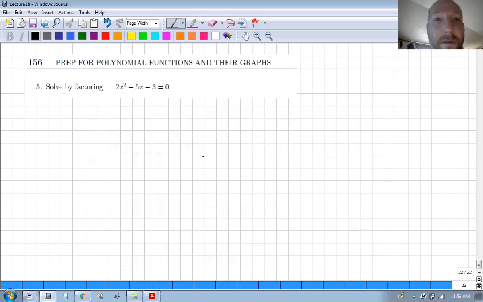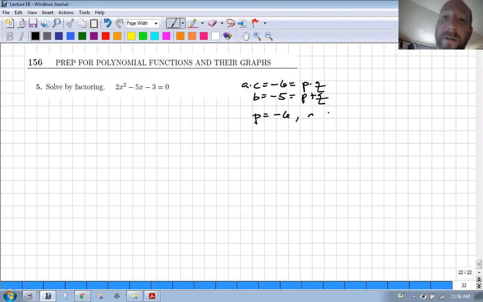All right, let's solve by factoring. A times C is -6. B here is -5. So let's do -6 and +1. We can rewrite -5x as -6x plus x.